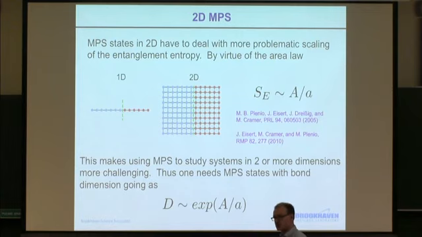There are generalizations of MPS states to 2D, PEPS, as Ignacio talked about 2 days ago, and PEPS is naturally able to describe the entanglement entropy in 2D, but the problem with PEPS is that for MPS states, the computational cost scales as D cubed, whereas the computational cost for PEPS scales as, I don't know, D to the 8.